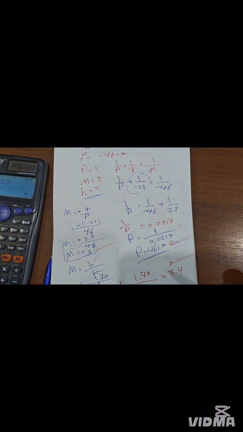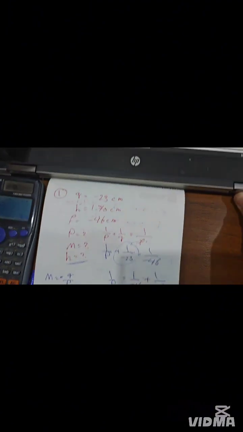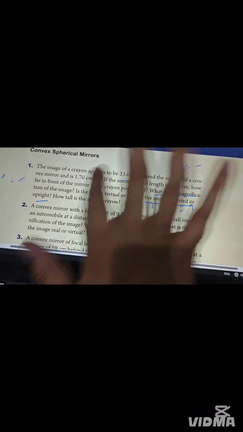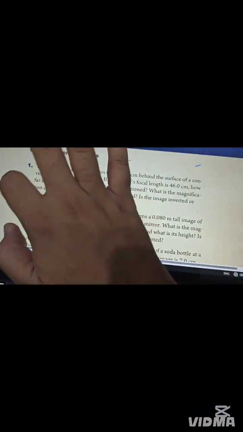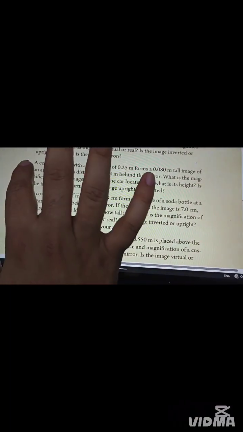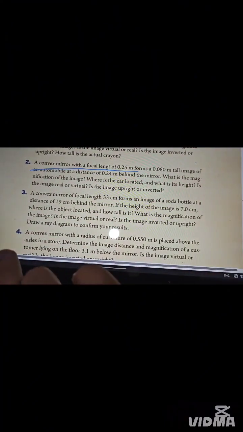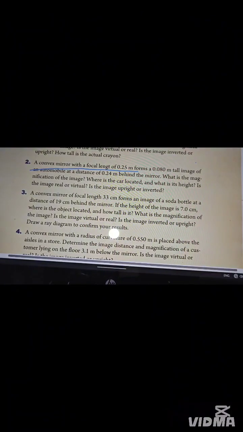Question 2 said a convex mirror with focal length 0.25 meter.